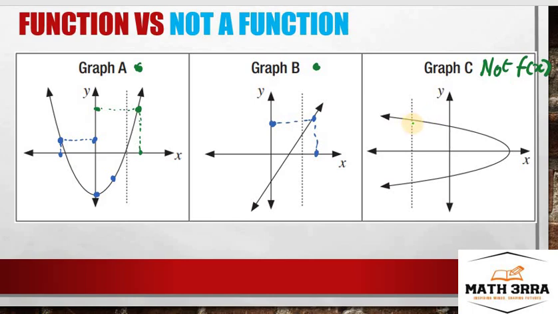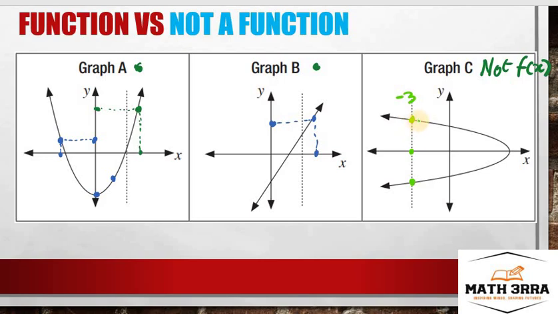So this is why graph C is not a function. Graph C is not a function because here at this point we've got x as an input. The same input x value we have here is the same x value we have here, and the same x value we have here. So let's suppose for theory's sake that this x value in here is -3.